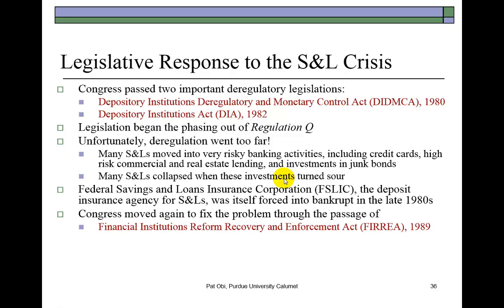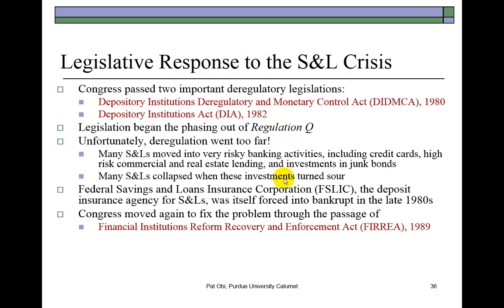First, they lost customers and suffered a cash run on account of customers pulling out their money when market interest rates were high. And two, when Congress said, okay, now you can go ahead and compete. You can pay whatever interest rates that you want to pay, and you can invest in any investments out there that's within the law. Since prior to that point, they were primarily restricted to personal mortgage lending activities.